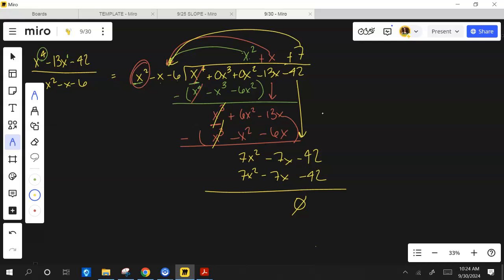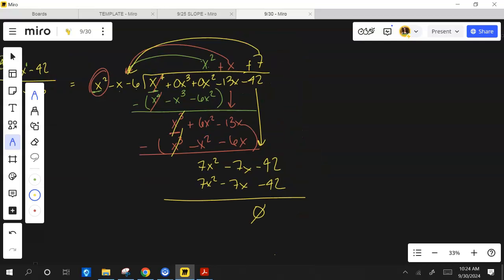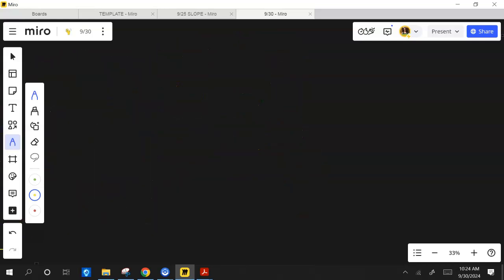Give me a random problem that is divided by a linear binomial. I want you to give me one. Okay, give me the problem.